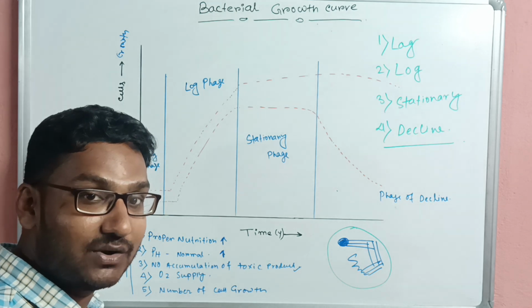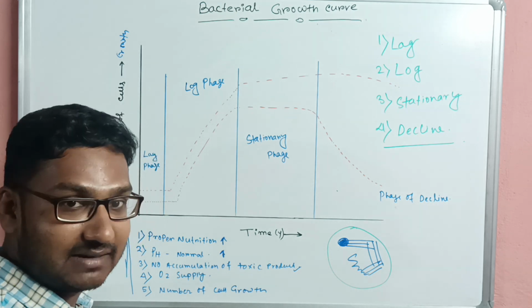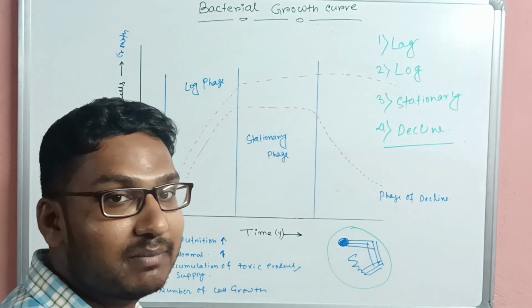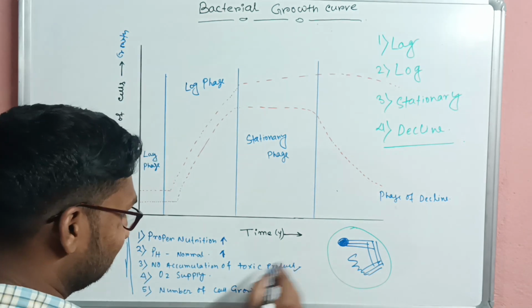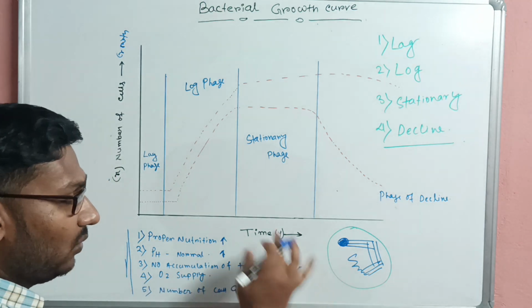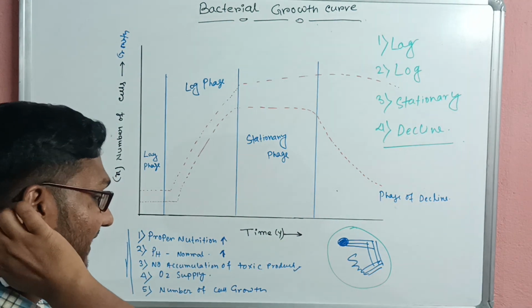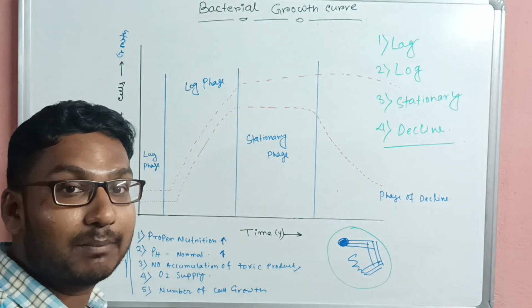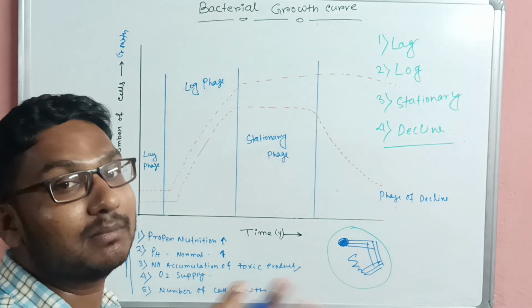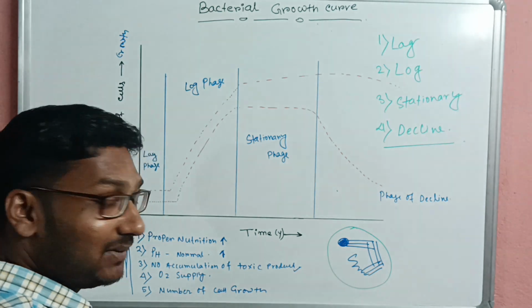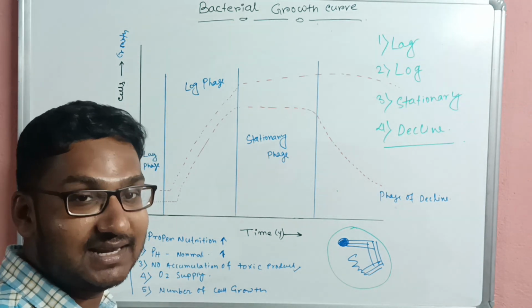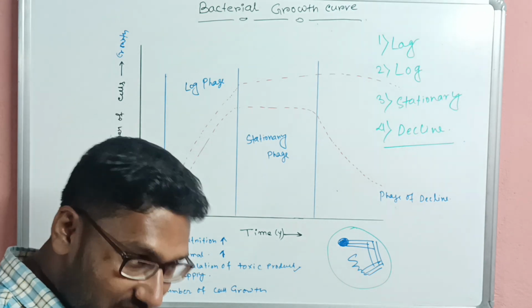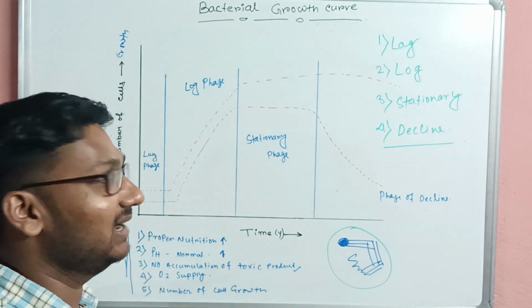Bacteria have not divided yet, and they never accumulate any toxic material. O2 supply is huge. Still the number of cells is small, they have no competitor, so they can grow very rapidly.